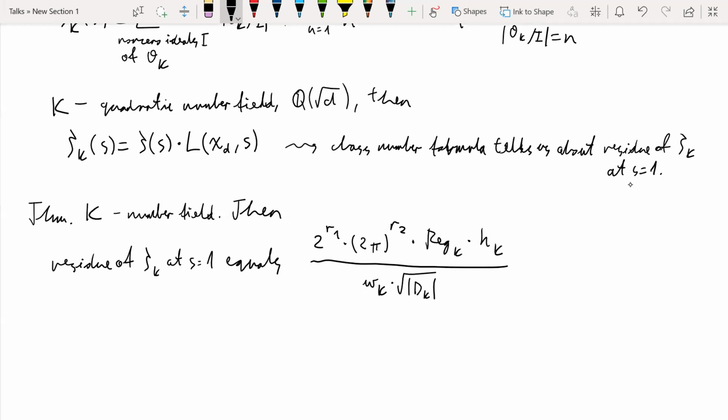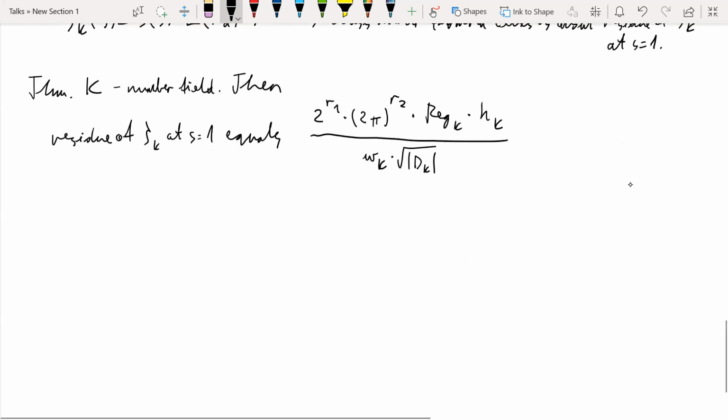Now, I just wrote a lot of symbols, so let me explain what those are. So r1 and r2, they are related to the number of ways in which this number field K can be embedded into the field of complex numbers, where r1 is the number of ways in which it maps into the real numbers.